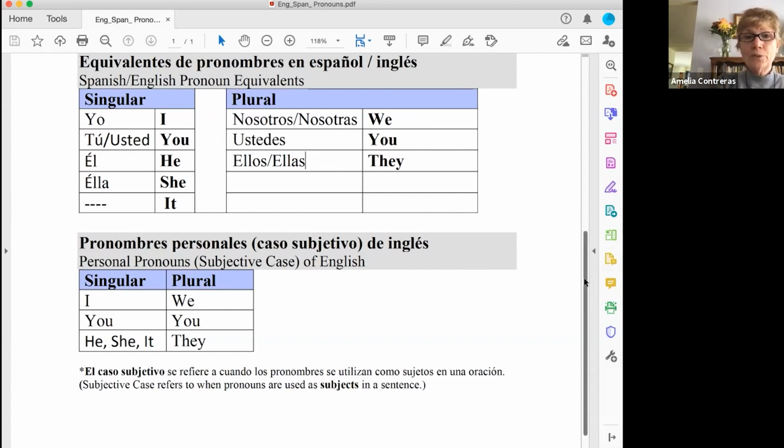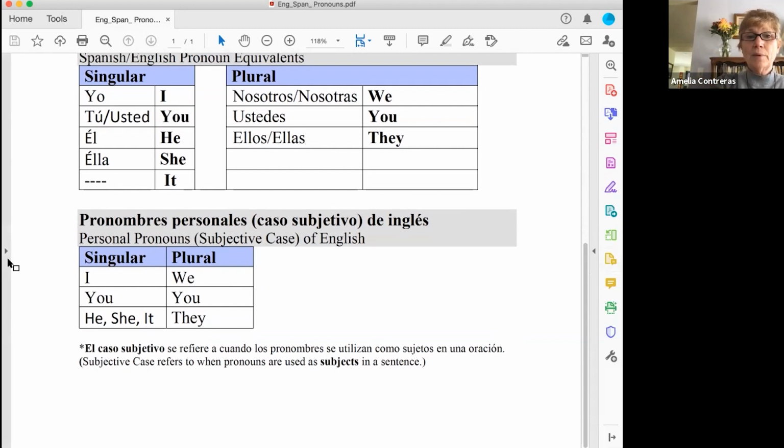Finally, down here, you'll see just the pronouns in singular and plural as they appear in the English language. It's very important to get accustomed to these charts that show pronouns, because they will be paired with verbs throughout your grammar instruction. It's a way to teach you how verbs and subjects interact.